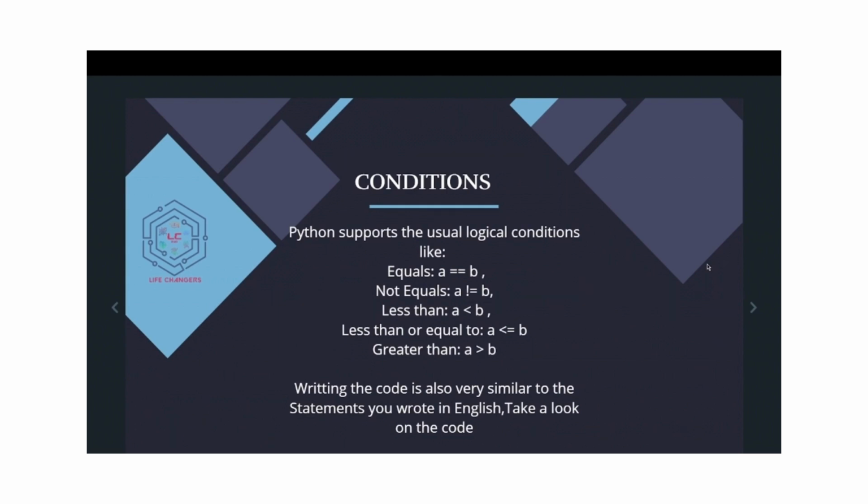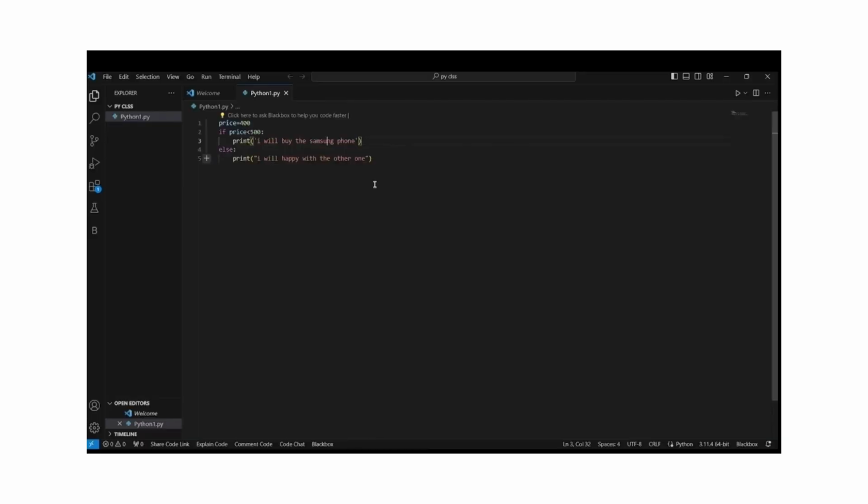This scenario is followed in our Python. So let's write the code for this. I'll show you how to make this code. As I said, if the price is less than 500, I will buy the Samsung phone, or I will be happy with the other one. Similarly, writing the code is just like the statement we talked about.